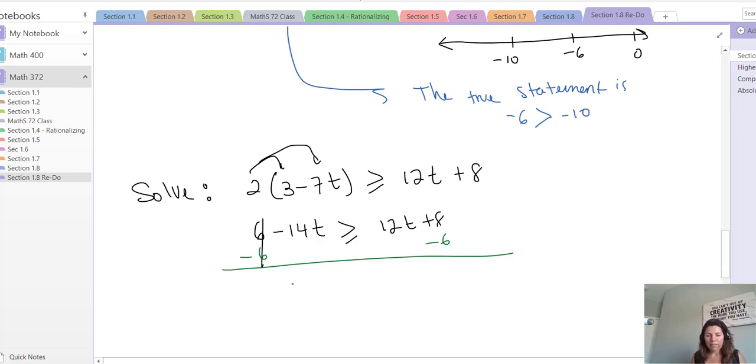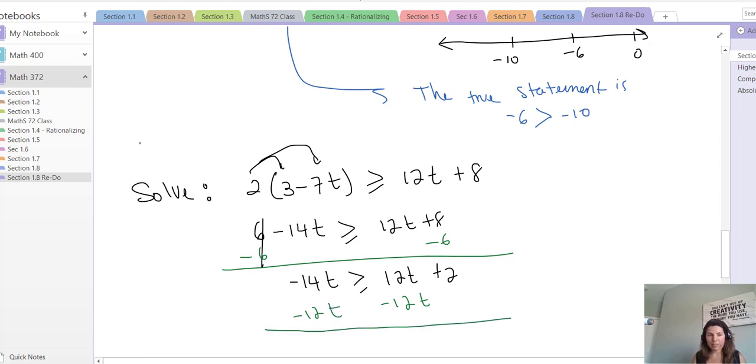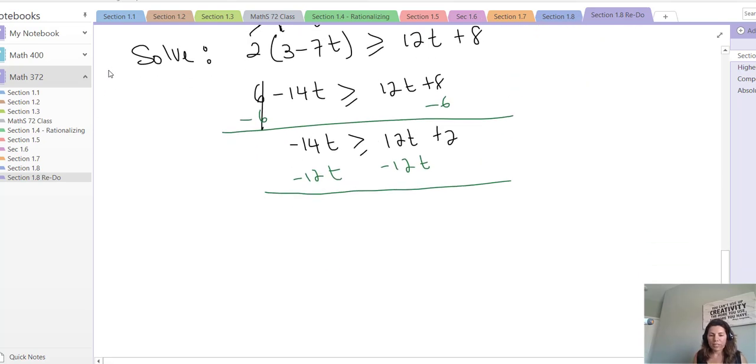So we have negative 14t is greater than or equal to 12t plus 2, since 8 minus 6 is 2. And now we want to move the t over to the other side, so minus 12t on both sides. You can do this minus 12t on the first step if you want. And so here we have minus 26t is greater than or equal to 2.